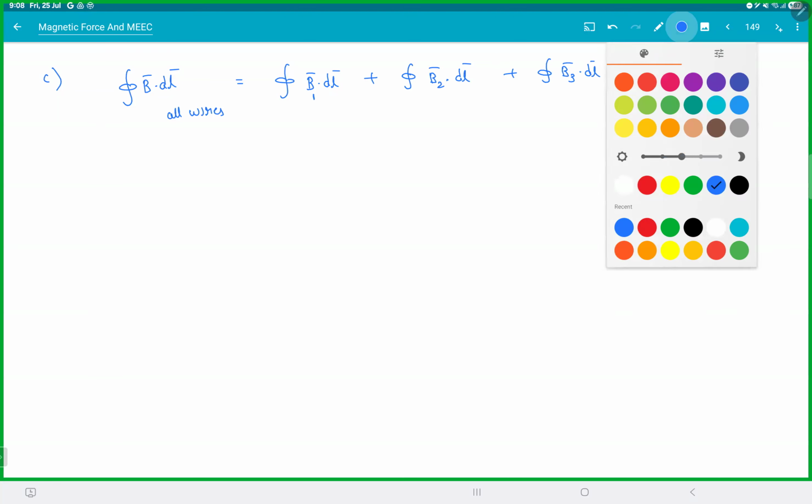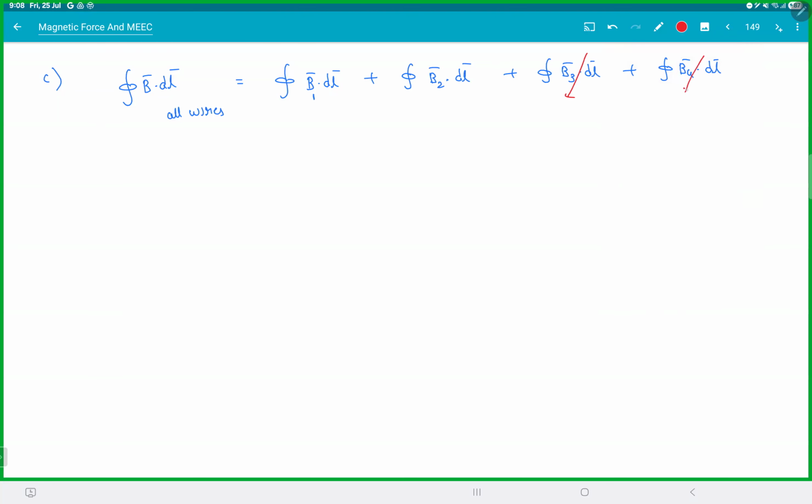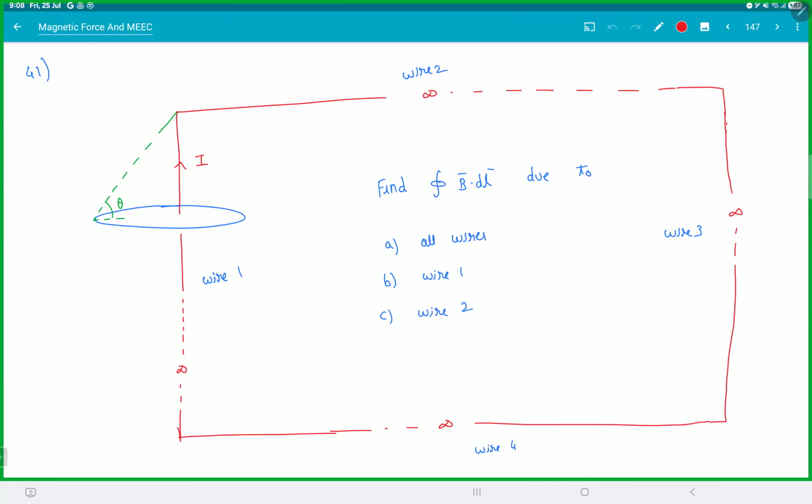And if you observe here, this and this will be 0, since wire 3 and wire 4 are at infinity, they don't have any magnetic field on the loop. The wire 3 and wire 4 are at infinite distance. They don't have any magnetic field there. Whereas wire 2 is at a finite distance. There will be a magnetic field.